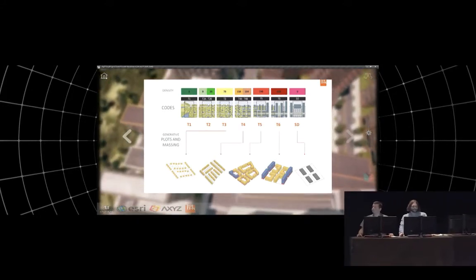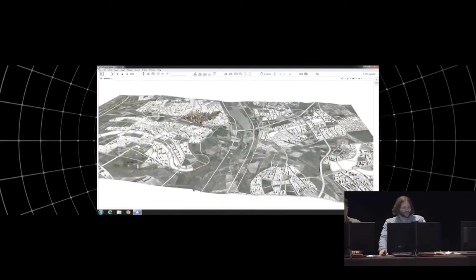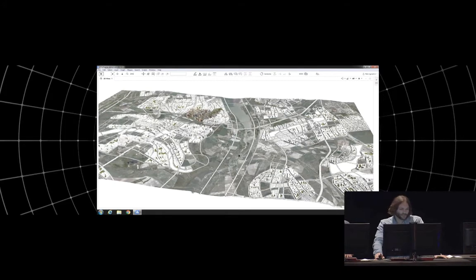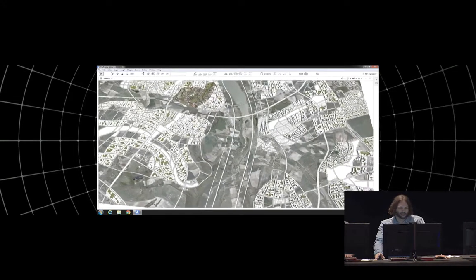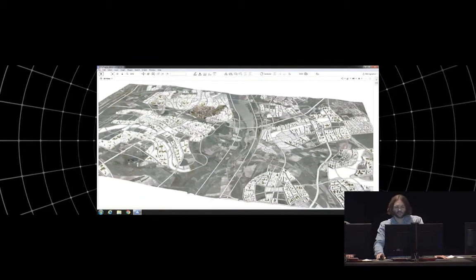Thank you, Greg. So here, now you see CityEngine and the scene which HOK did. And as you can see, this is a pretty huge scene, thousands of buildings, millions of polygons.